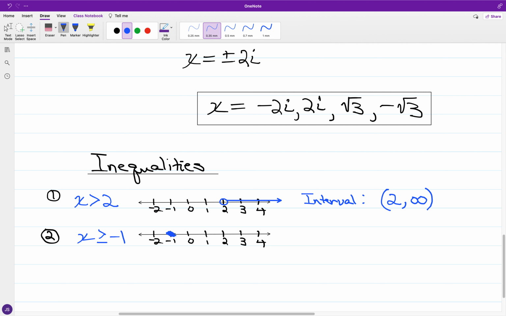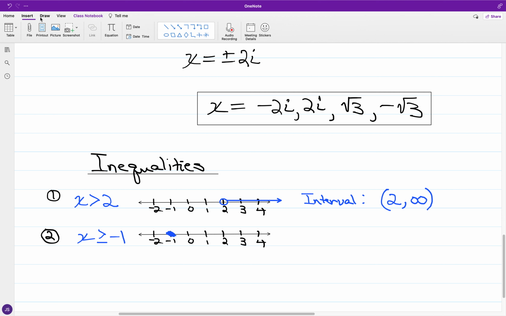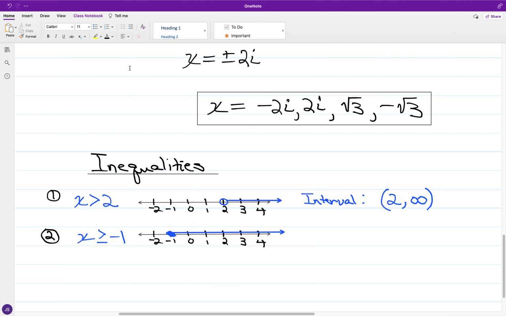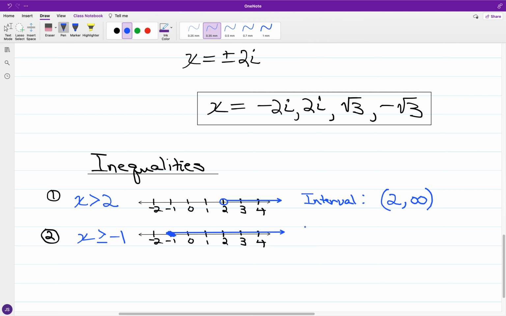So what is otherwise an open circle, thanks to the equal sign, has -1 as part of x, and so that will be closed in. For the rest of the values, they will be greater than -1. So you have another graph or ray heading out to the right.